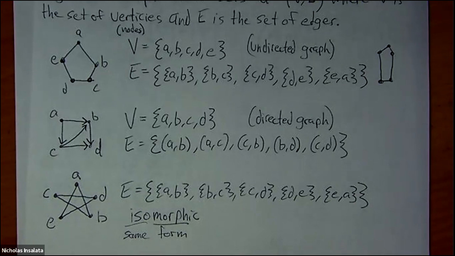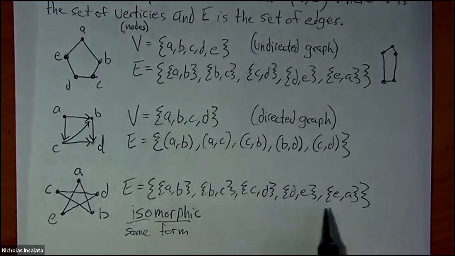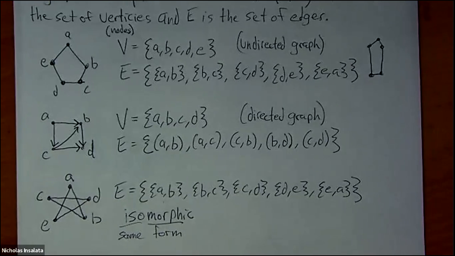You'd have to actually go through and find out who's connected to who before you could see if they're actually the same graph or not. And so there's a nifty problem to start with. Any questions about that? Or how about this? Can someone give me another pair of isomorphic graphs? Any thoughts there?